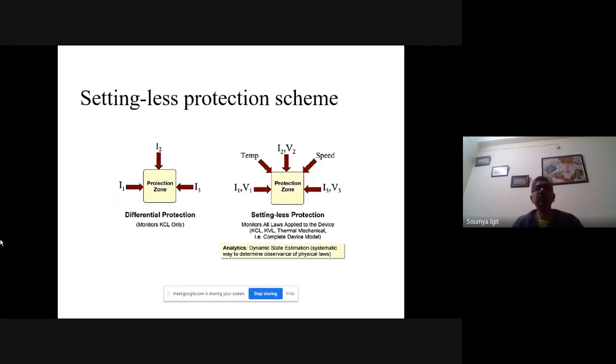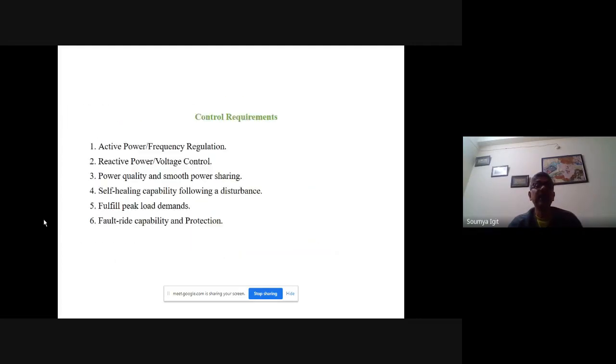You have the speed, you have the temperature, you have the data correlation between them. So I am least concerned regarding the rest of the boundary zone, the remote end. I am least concerned regarding the communication infrastructure based on the state estimation, and with the simple available data at the local end you are able to perform the settingless protection. Yet to be revealed whether it is working fine or not.